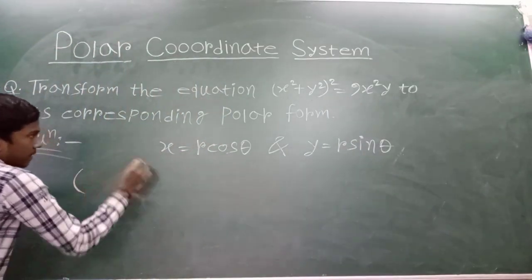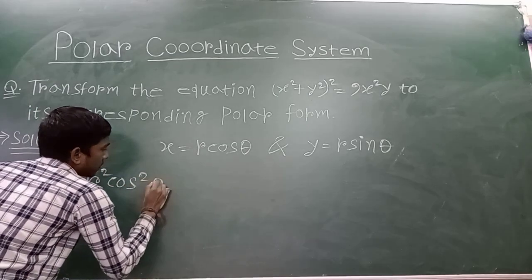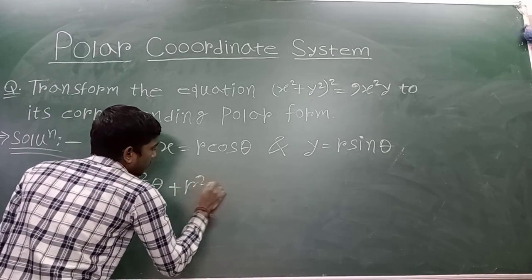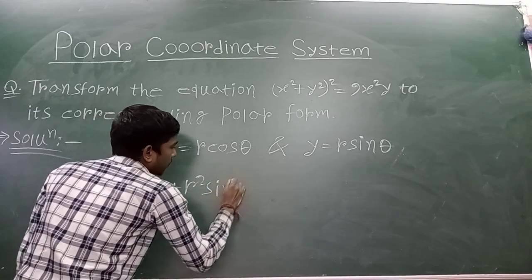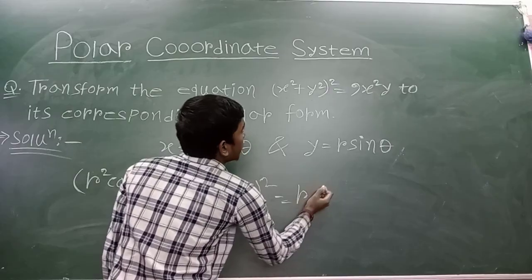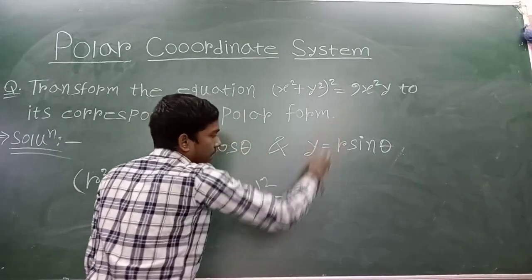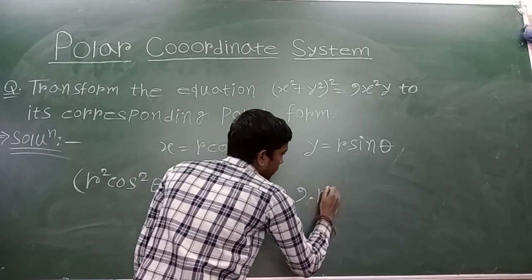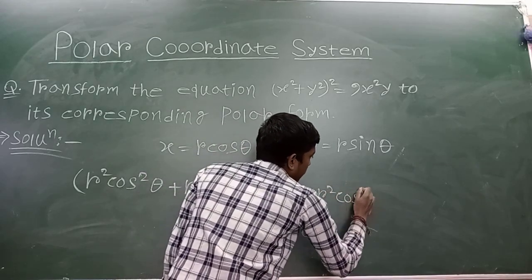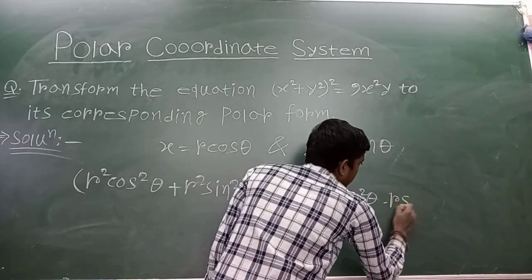So this becomes r square cos square theta plus r square sin square theta, whole square, is equal to 9 into r square, x square means r square cos square theta, into y means r sin theta.